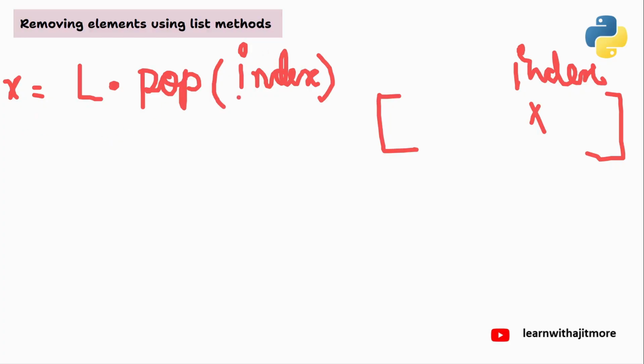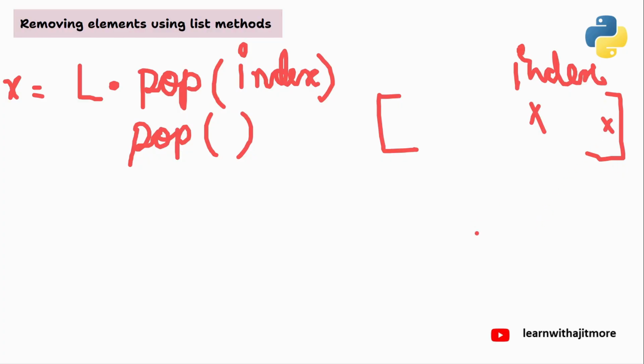ओके. If the index is not within the range, आपने index अगर limit के बाहर दिया रहेगा, it will throw index error. Index error, pop index out of range. Okay. And if you don't give index, ये index optional है. When you don't give index, it is going to by default remove the last element.